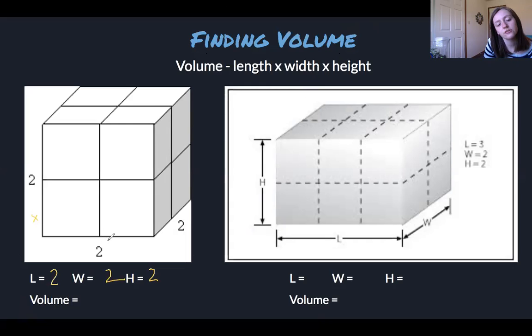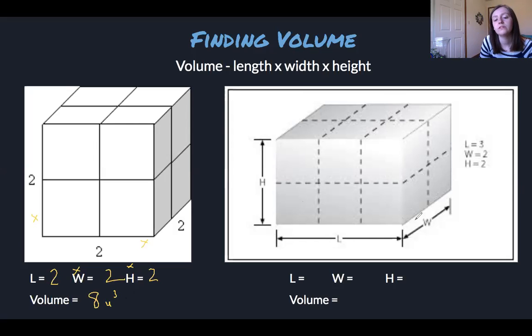So we're taking that 2 times this 2 times that 2. I know that 2 times 2 is 4, and 4 times 2 is 8. So my final volume is 8 units cubed, with a little 3 up there, or 8 cubic units.